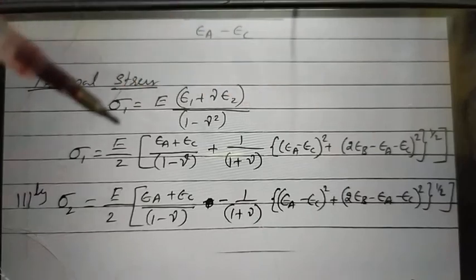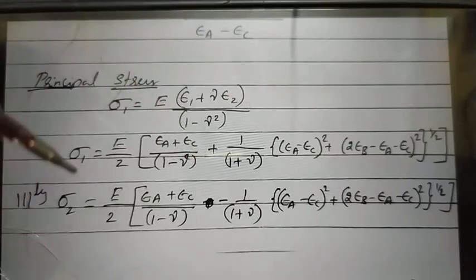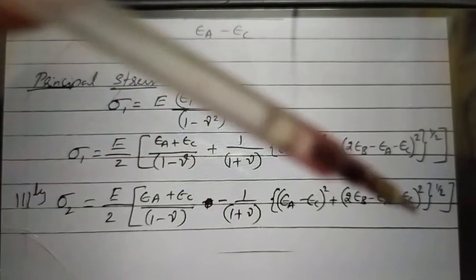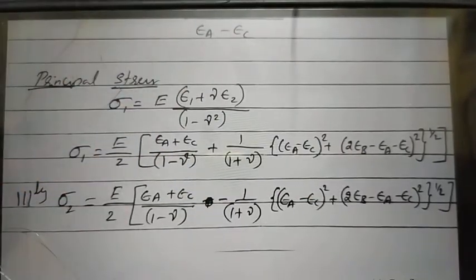So this is the equation. Similarly, you get the similar equation for sigma 2, only the sign changes here. This way you determine sigma 1 and sigma 2 in the 2-element rectangular rosette.